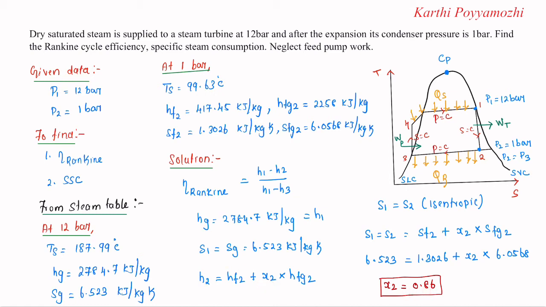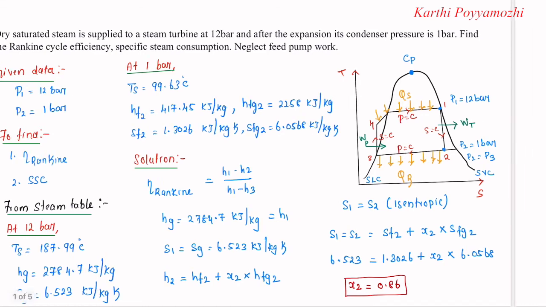By substituting these values, you can find the value of H2. So by substituting these values, you will be getting H2 is equal to HF2 plus X2 into HFG of 2.